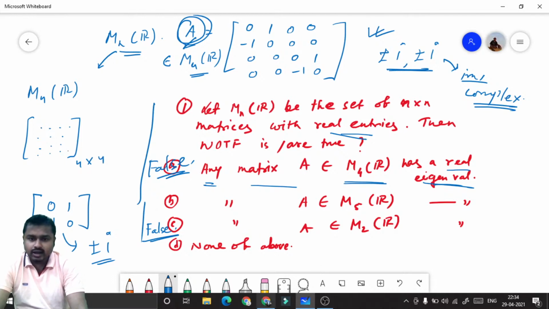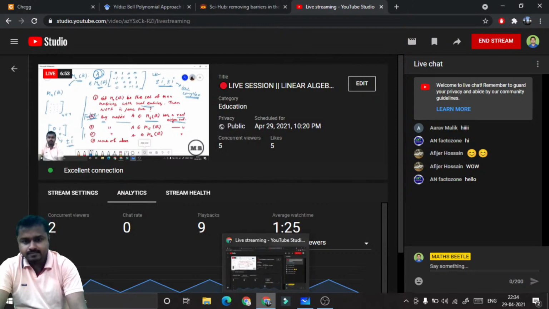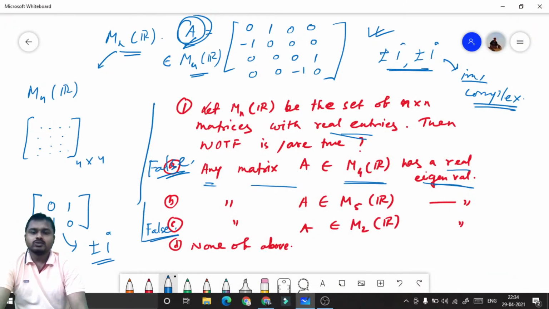If there is any doubt, you can ask me in the comment section regarding these two options. So up to option A and option C, there is no doubt, I think.